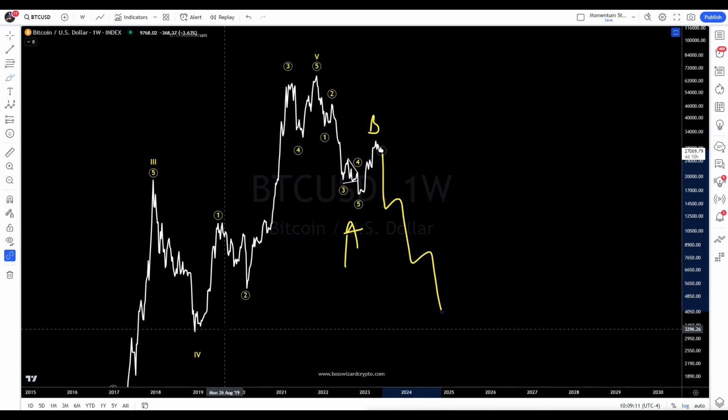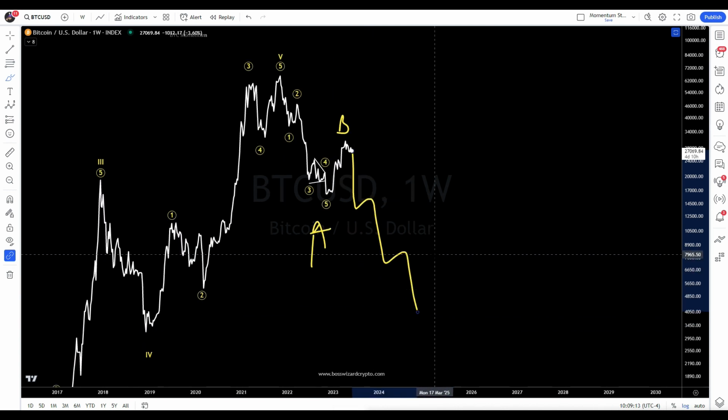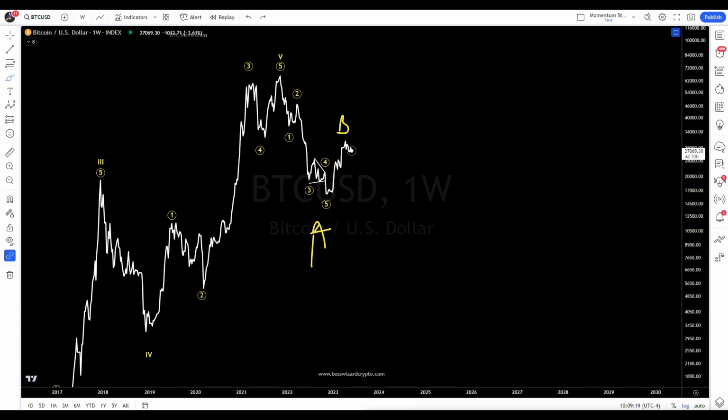Probably not that deep. You'd probably go to maybe between 7 and 10. I drew it kind of big, but I'm in log, so remember this is probably going to look smaller. 1, 2, 3, 4, 5, something like that, and there's your C wave.